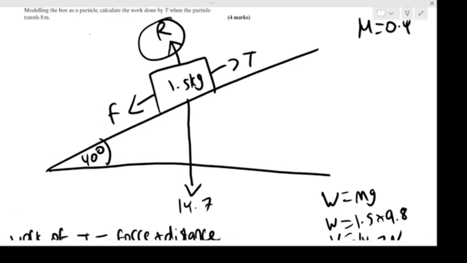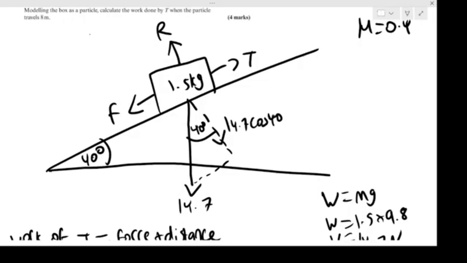I can then work out the reaction force R. So if I now split up the weight, this is what you want to be doing, split up the weight in this way. It will always be this way. Again, this angle will be 40. Then I've got 14.7, which is my weight, times cos 40, because this can be a right angle, and then 14.7 sine 40 there. That's my full setup.